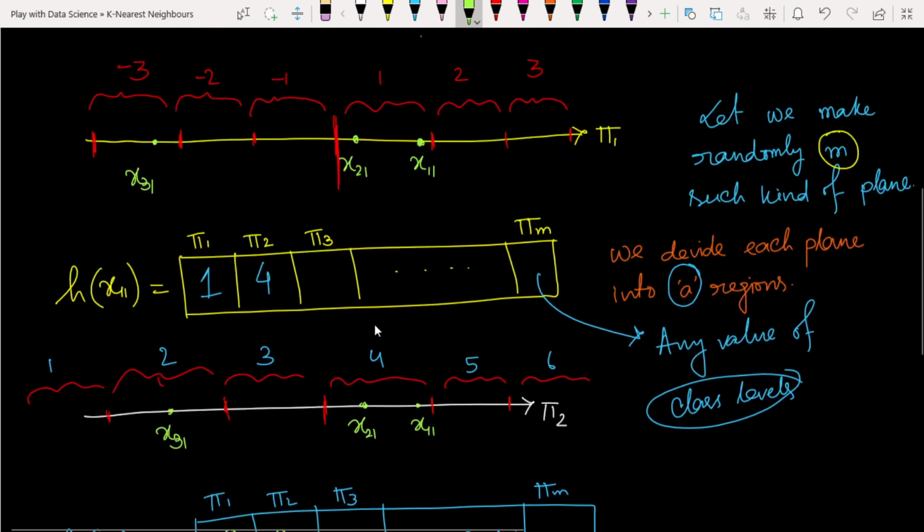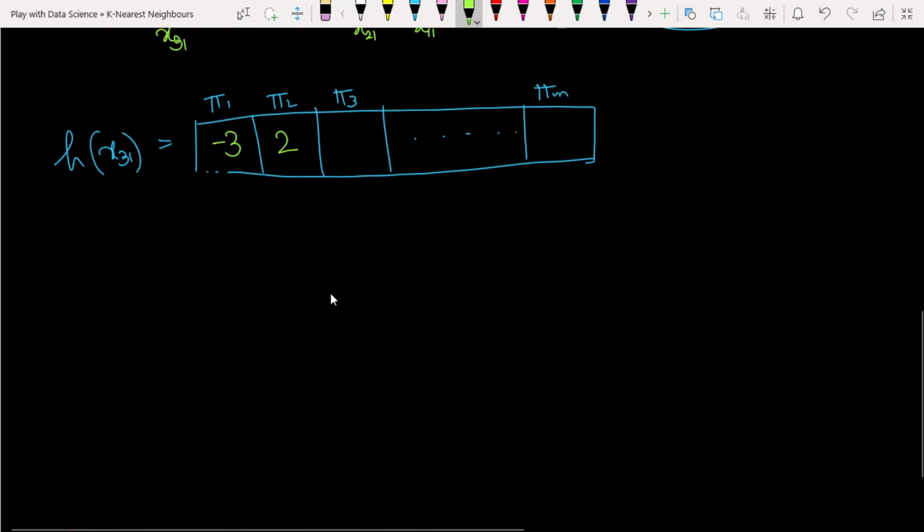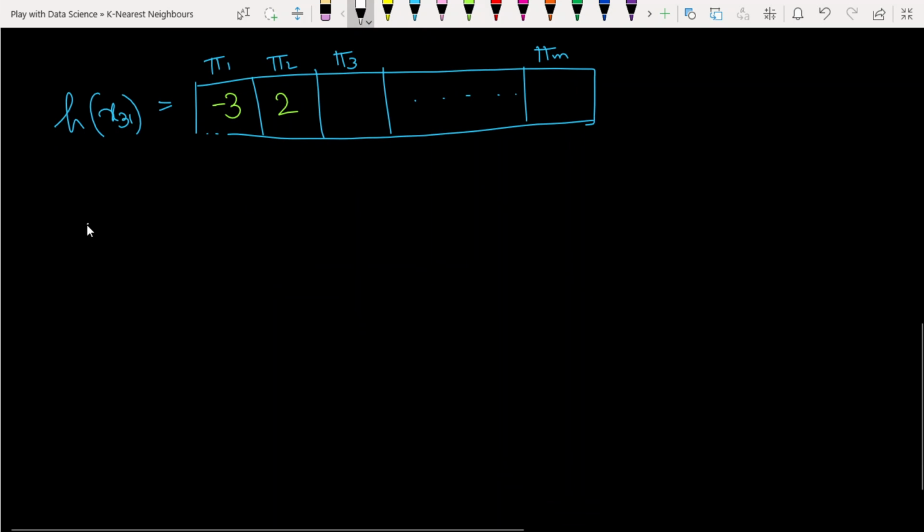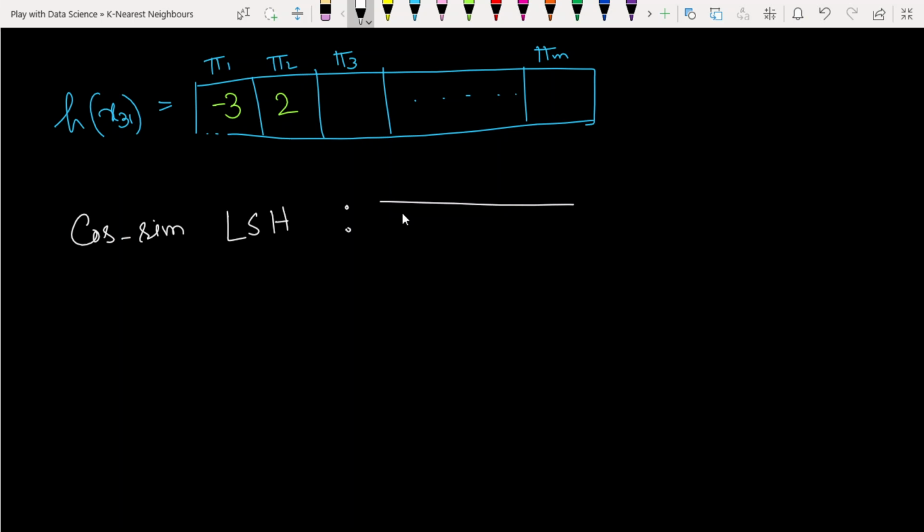But what is the main difference? If we just remember the cosine similarity LSH, then this hash value will be either +1 or -1.